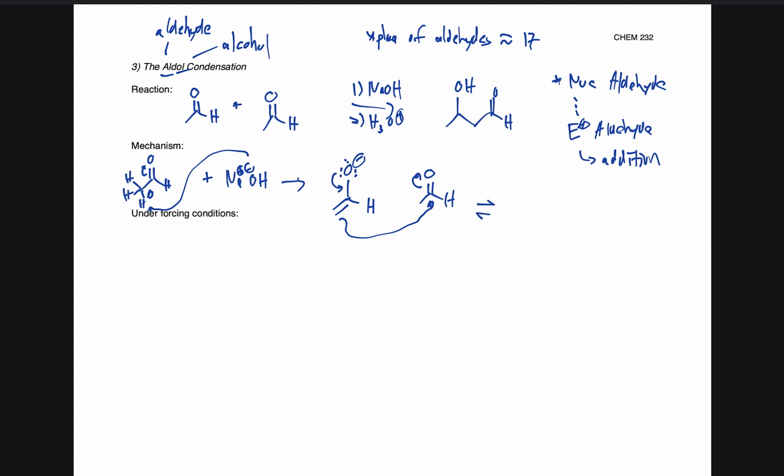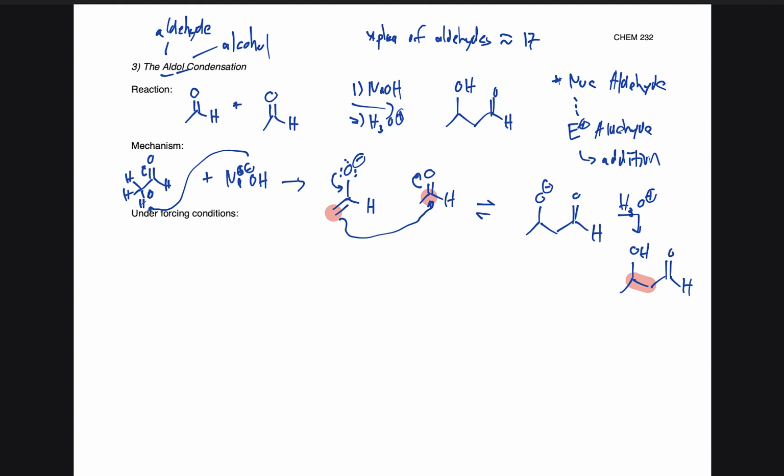And we get to our intermediate here, which then, we add our acid in the last step to get to our aldol. And notice, we've made a new bond between our nucleophilic carbon and the electrophilic carbon, which is this new bond here.